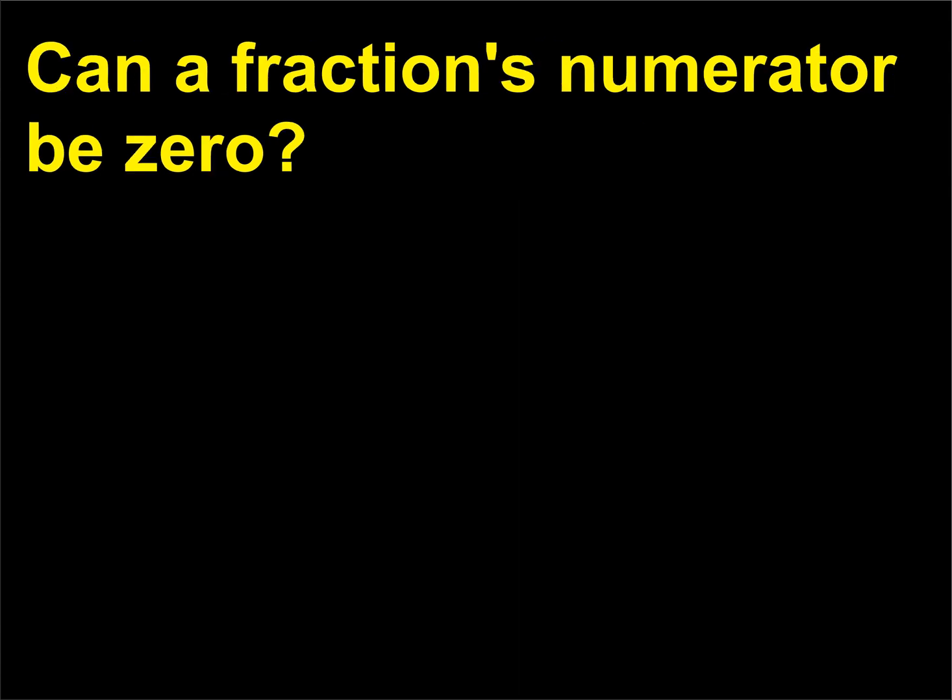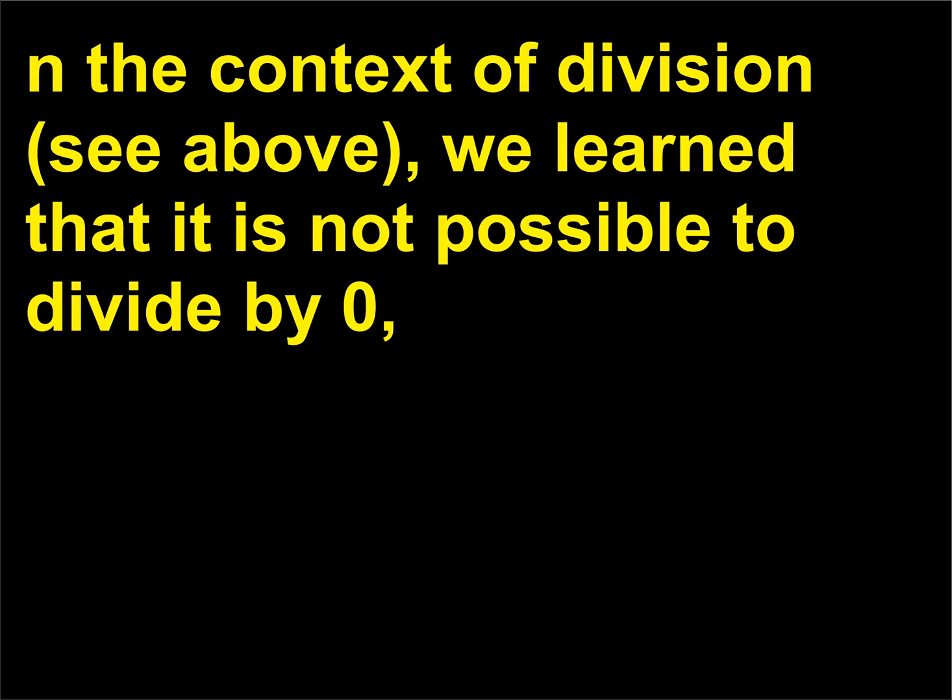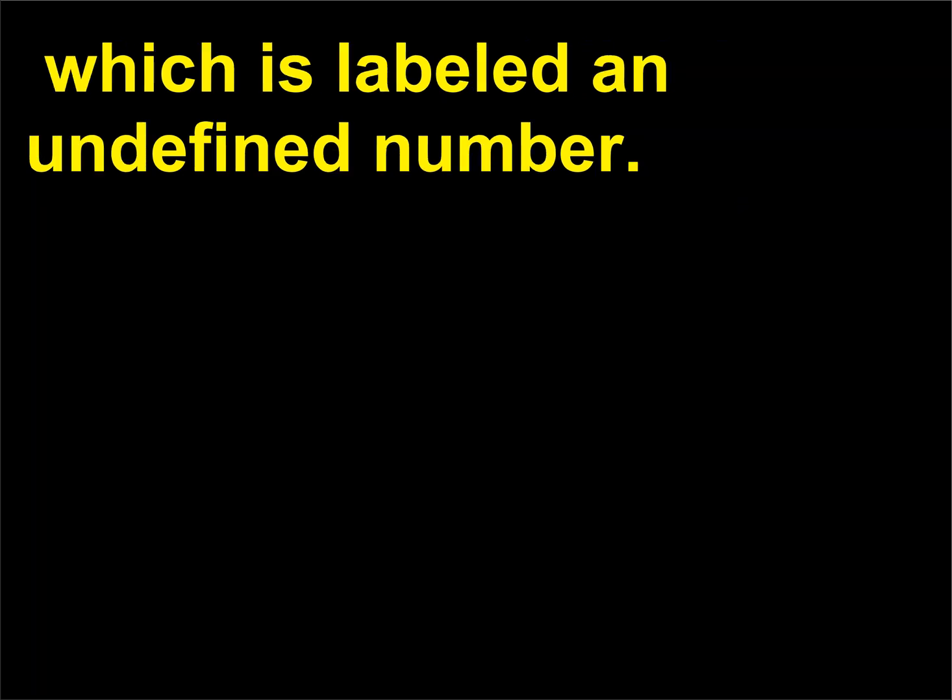Can a fraction's numerator be 0? In the context of division, see above, we learned that it is not possible to divide by 0, which is labeled an undefined number.